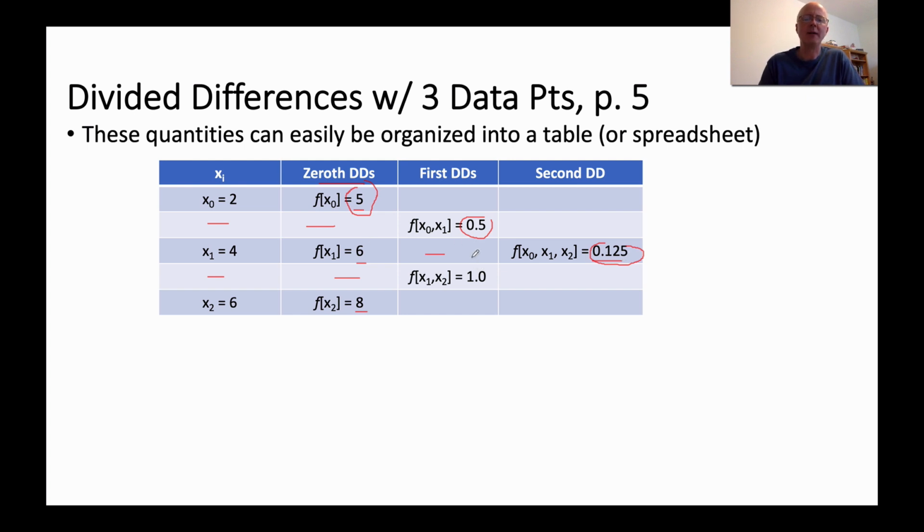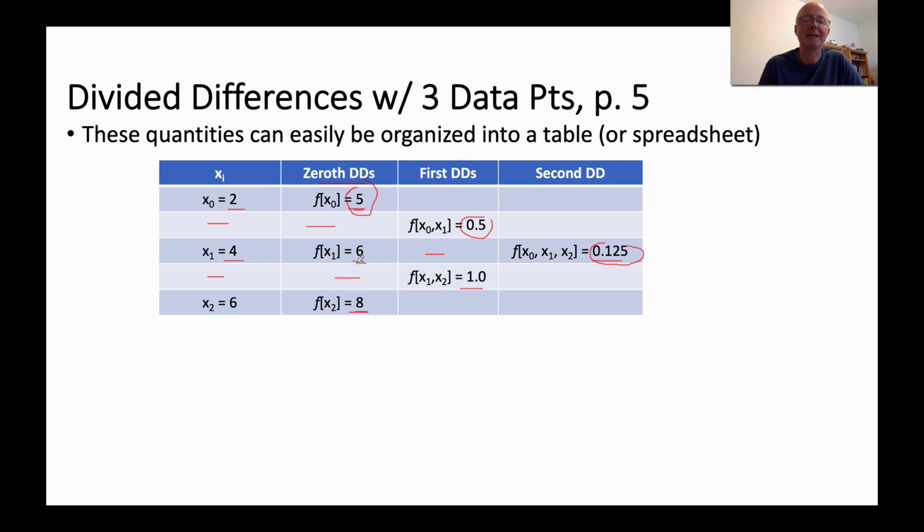Check that these numbers are right. Take the time to use your calculator to check that these numbers are right. But this 0.5, do 6 minus 5, which is 1, all divided by 4 minus 2. 1 divided by 2 is 0.5. Is this 1 right?